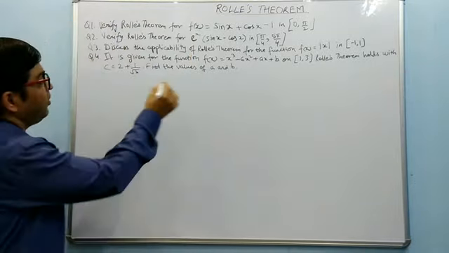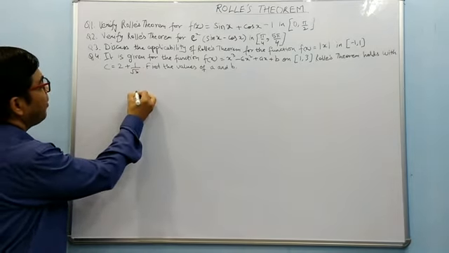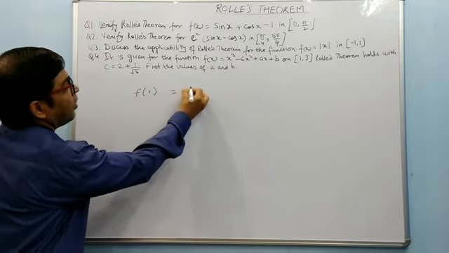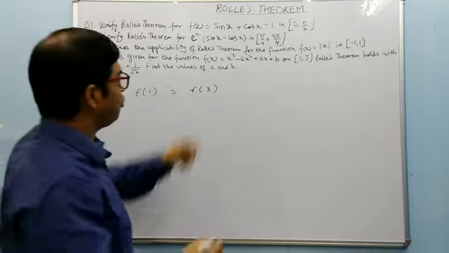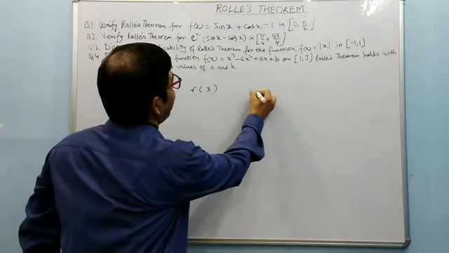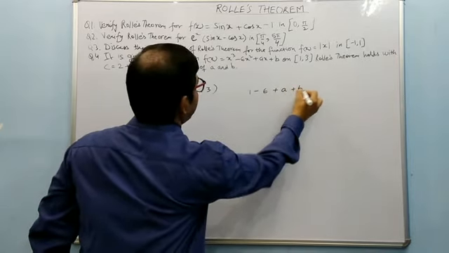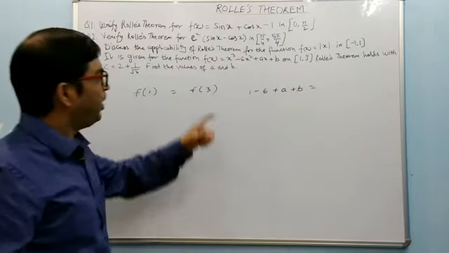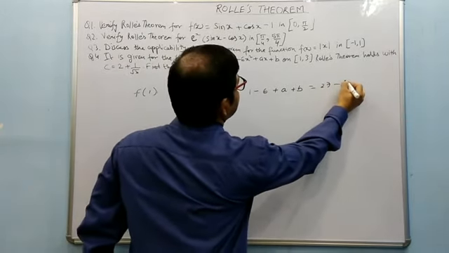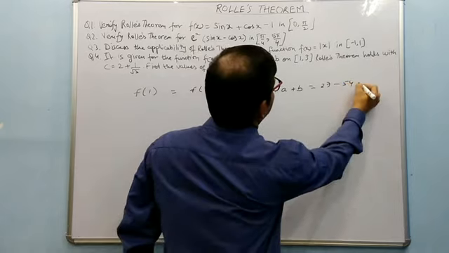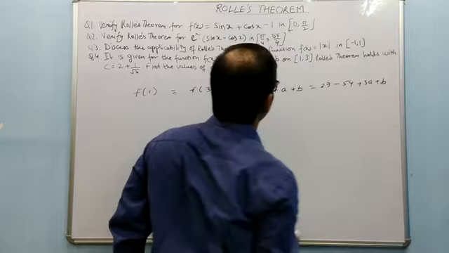So if we write f(a) is equal to f(b), that means f(1) is equal to f(3). If we put 1, this is 1 minus 6 plus a plus b is equal to f(3). We put 3, that is 27 minus 6 into 9, 54, plus 3a plus b.